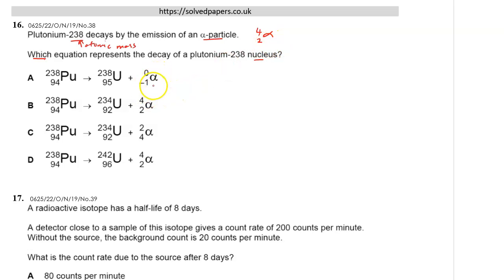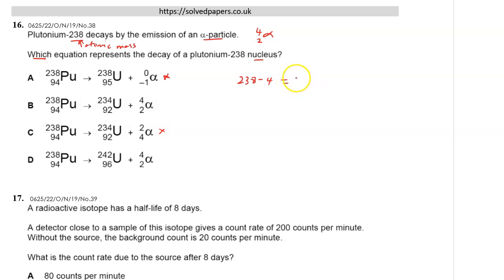So A is not correct. That is not the correct symbol of alpha particle. And C is not correct because the atomic mass is 4, atomic number is 2, so that is not correct. So the answer is between B and C. And therefore, when it decays by emitting alpha particle, then the atomic mass decreases by 4.